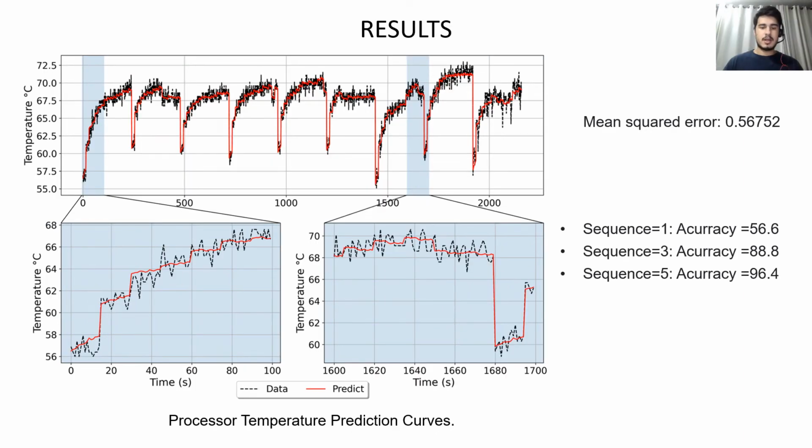The LSTM network was able to follow the trend of the real curves well, as illustrated in the figure, getting a mean square error of 0.56752, with 96.4% accuracy for predictions of values above 70 degrees.